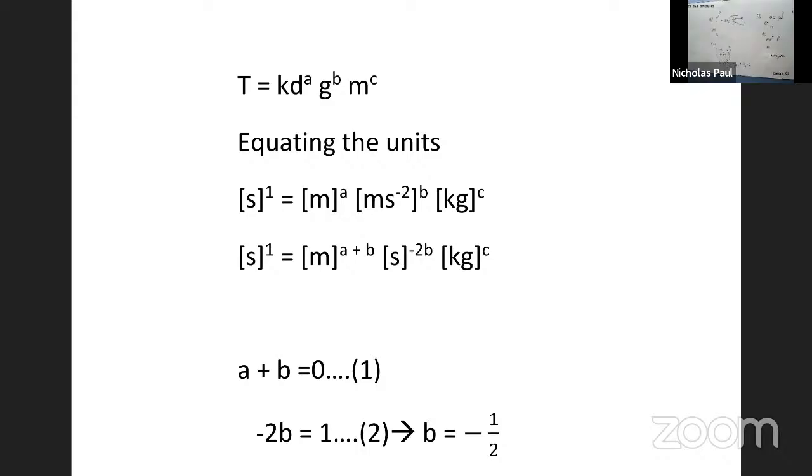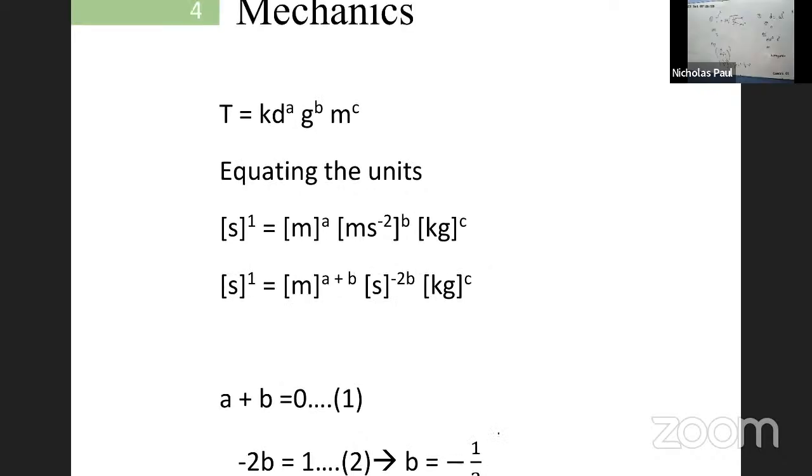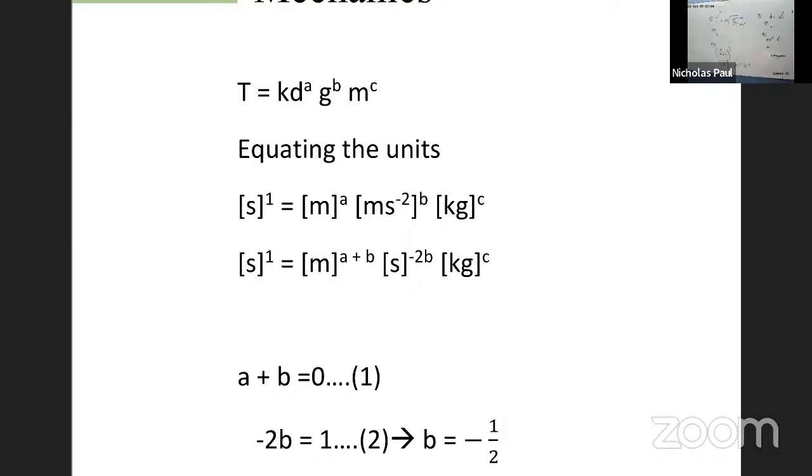So we're going to attempt to use the SI units to figure out what A, B, and C are. Actually, I'm going to do this on the board. I have plenty of maths in this one.